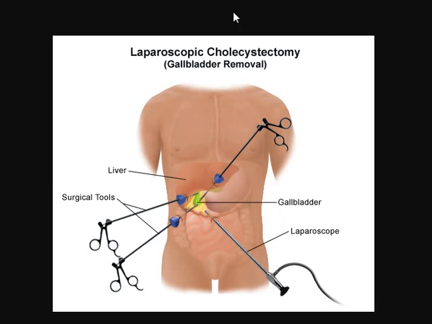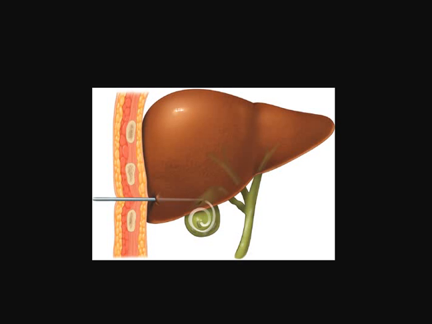And it's important in the cases of moderate cholecystitis that the laparoscopic cholecystectomy is done by an experienced surgeon. And if it is difficult to identify the organs by laparoscopic cholecystectomy, open cholecystectomy is indicated.